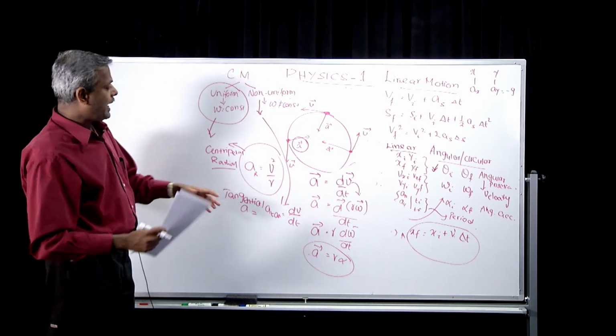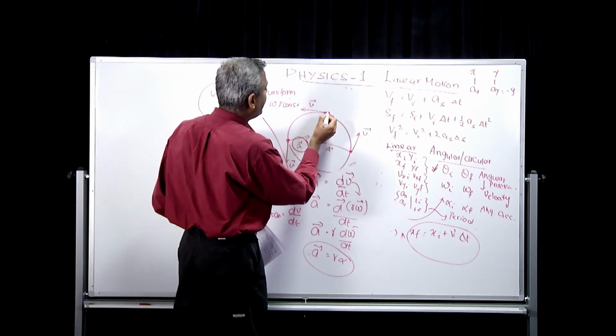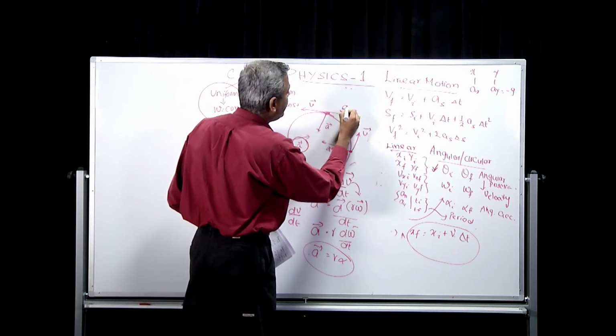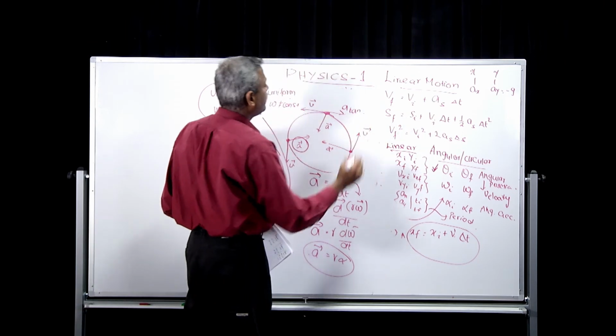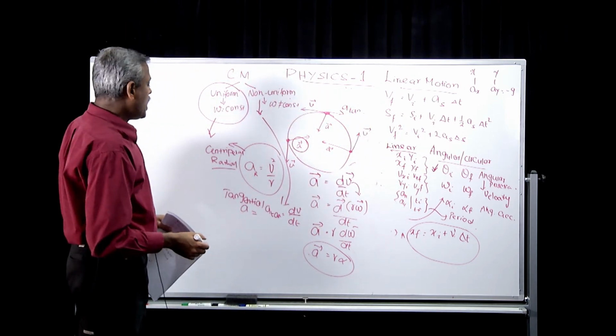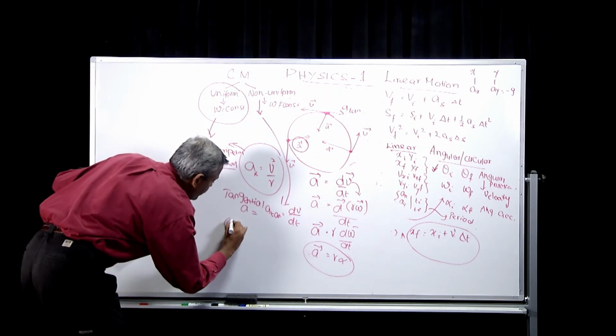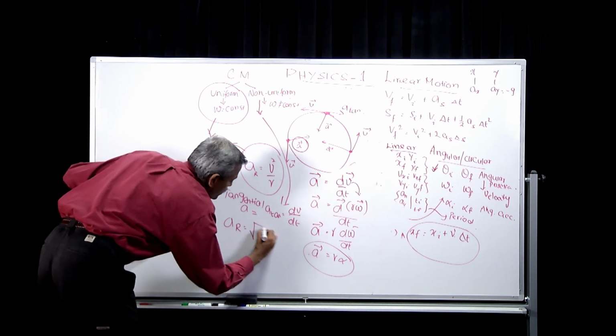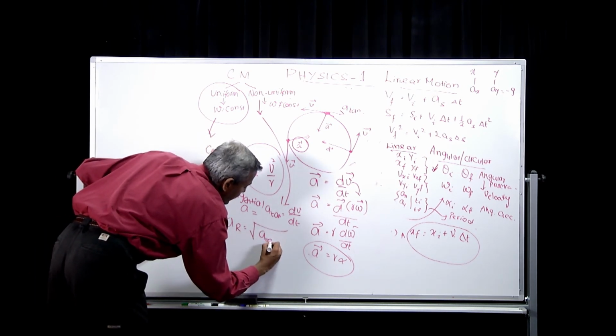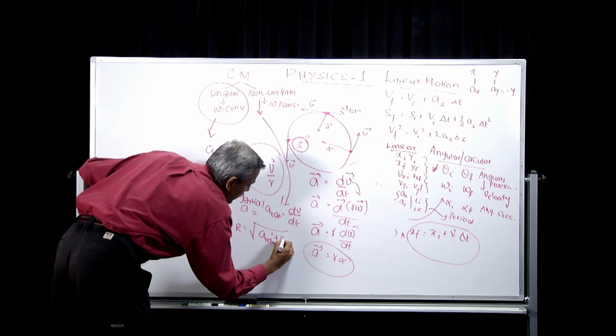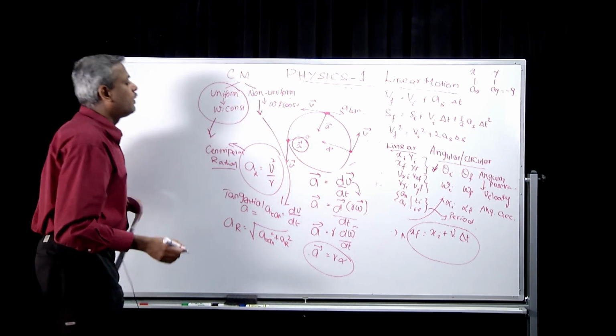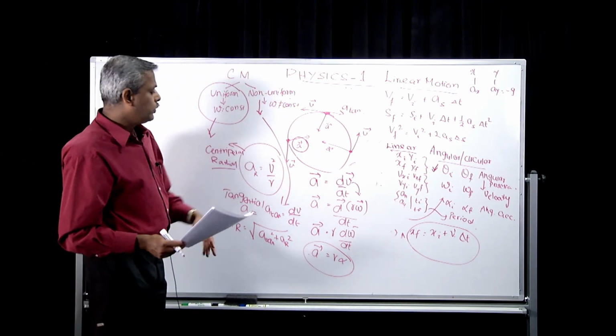So there is an acceleration toward the center, and you also have a tangential acceleration along the tangent. Your net acceleration should be, by the Pythagorean theorem, the square root of a tangential squared plus a radial squared. That is our side note that we will use.